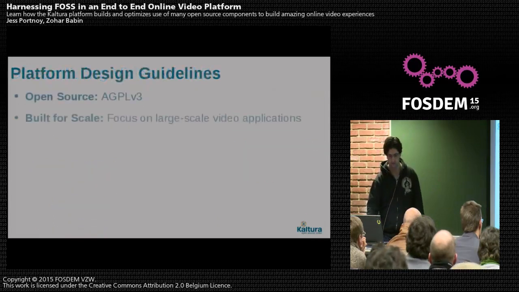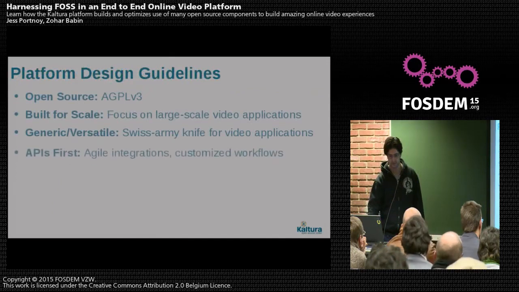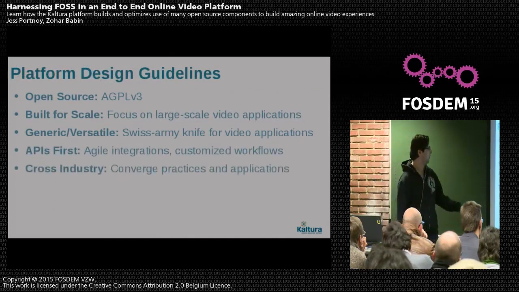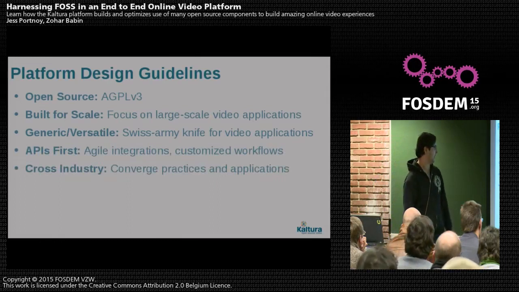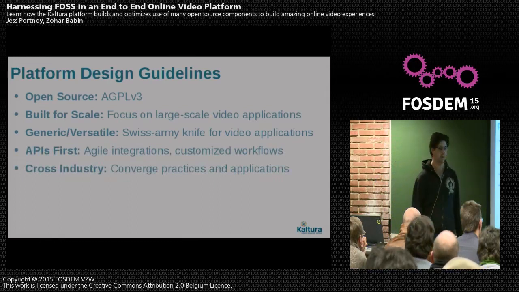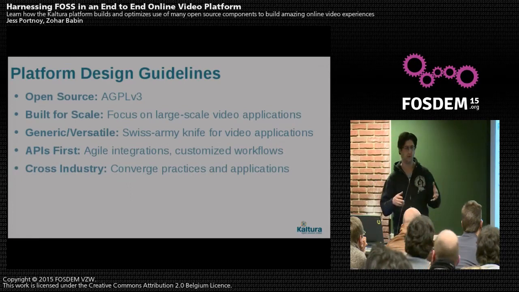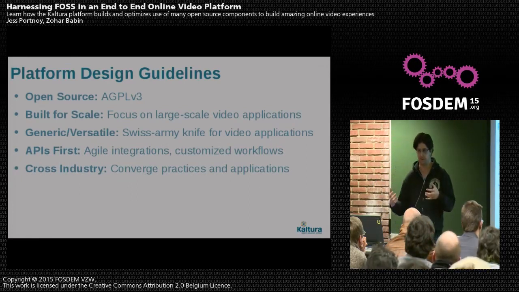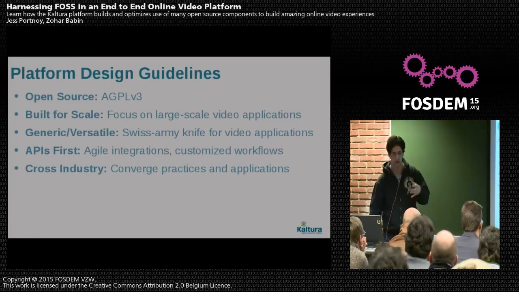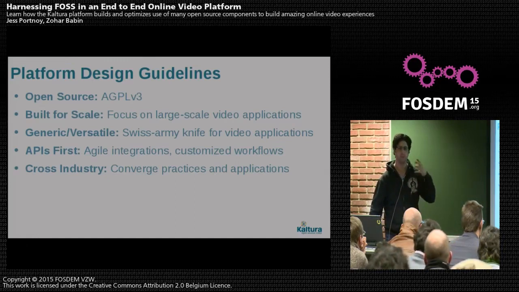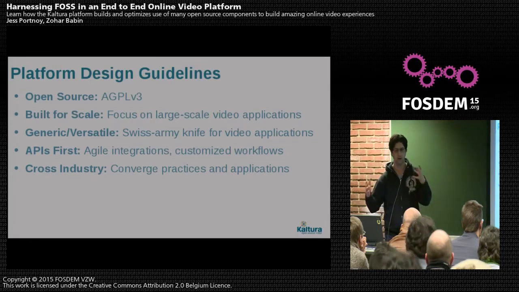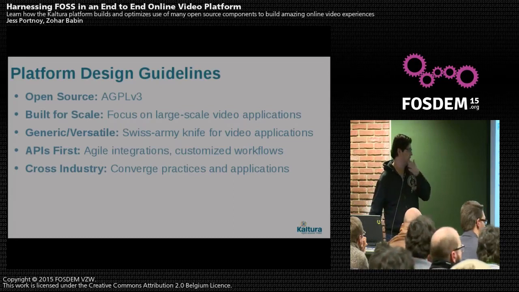In terms of the design guidelines of the platform: open source, it's all AGPL version 3. As a design guideline, the focus was around how do we solve scale problems. So again, not the 2-3 videos or a home library, but 10,000 videos, or a distribution for a university, or a distribution for an enterprise with thousands of employees.